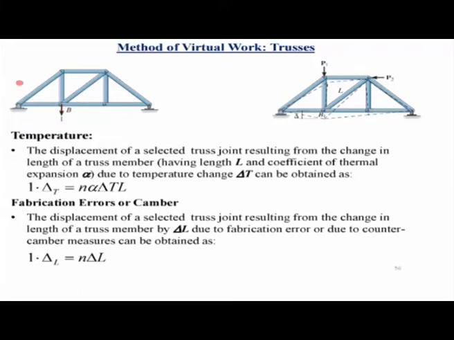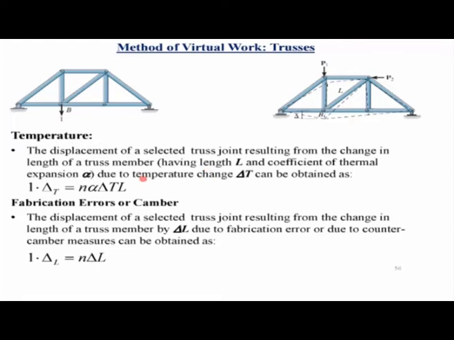So again you apply this unit load and calculate member forces, in the member where the temperature change is occurring only. If this was the member undergoing the temperature change, then you find the load in that member due to this applied virtual load, that would be n, and that multiplied by alpha into delta T into L would give you the displacement of this joint due to the temperature change in this member.